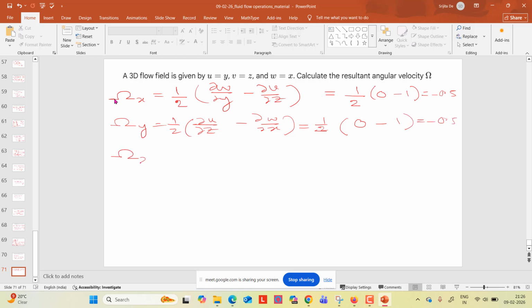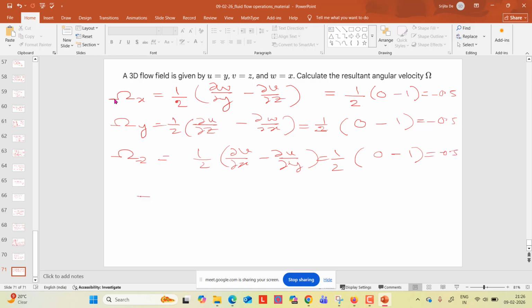Omega z is half into del v del x minus del u del y, equals half of del v del x is 0 and del u del y is 1, again it is minus 0.5.